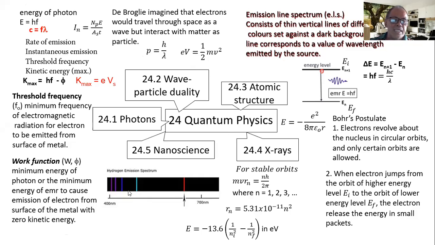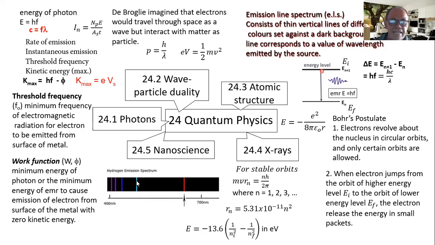Yesterday we went over the hydrogen emission spectrum, where we see a dark background and then colored lines. Different colors show different wavelengths, so different frequencies, which means energy is given out.